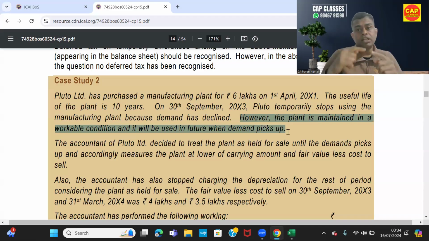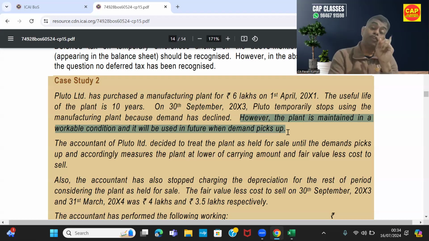The machinery is good, but it is used in manufacturing product A. The market for product A declined. So the management stopped using the plant, and they are waiting for demand for product A to pick up.